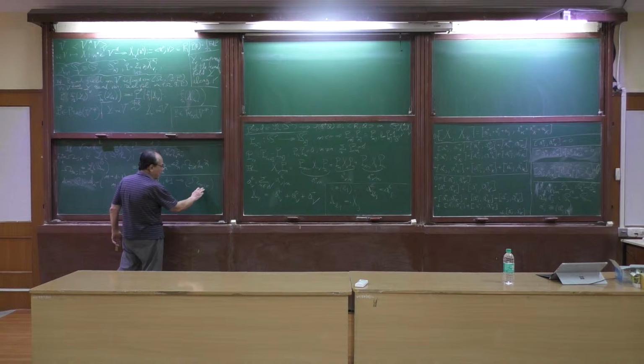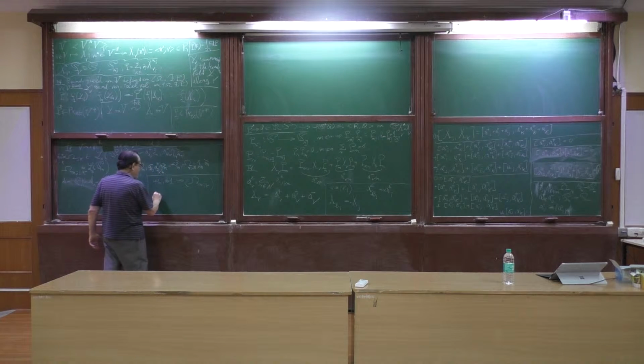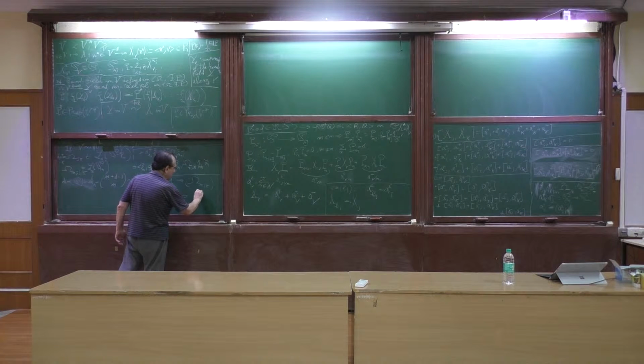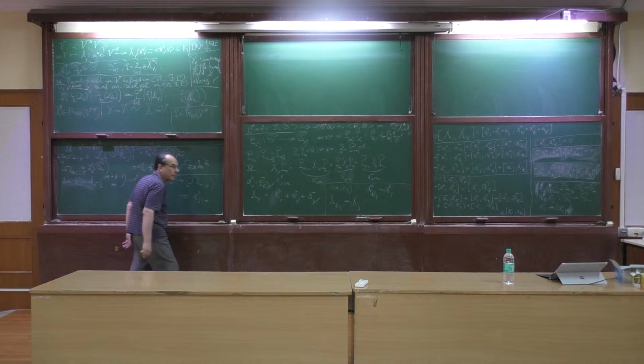So j and k go from 1 to d, and n is an arbitrary integer. And the analog of alpha_n will be A_0^j restricted to n.